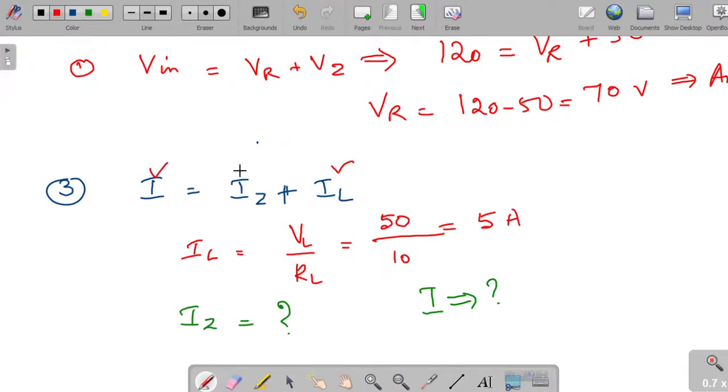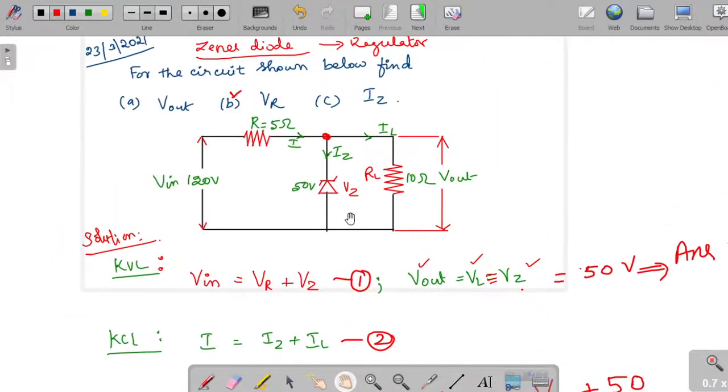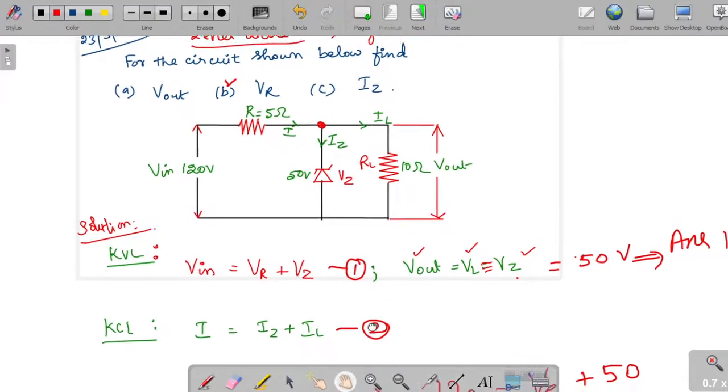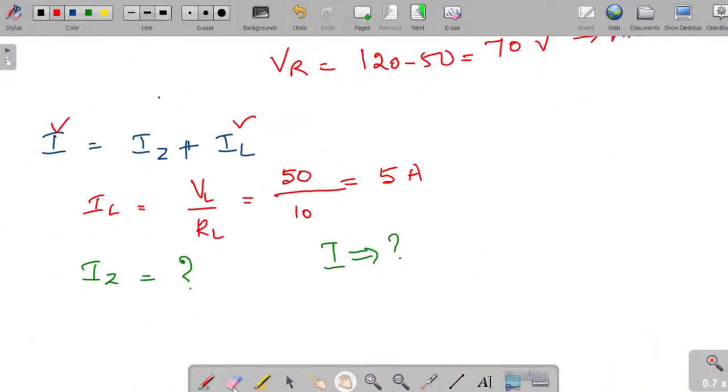So how to calculate I first? We must know that it is the total current which is flowing through this resistor, isn't it? If you know the voltage across this, definitely we can find out the current. The voltage across this is nothing but VR, right?